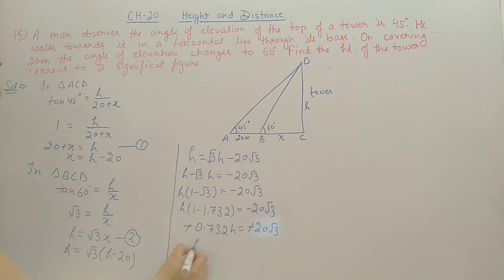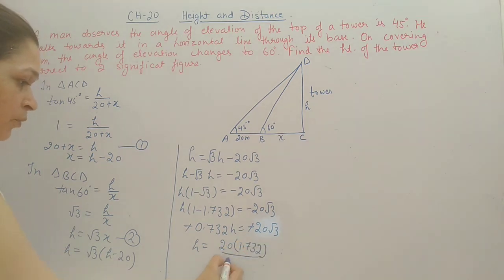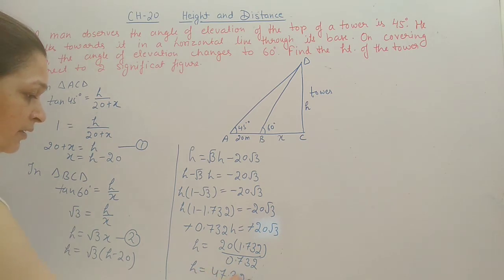So h is equal to 20 root 3, value is 1.732, divided by 0.732. Multiply 20 with 1.732 and divide by 0.732. Then you will get 47.32 meter.